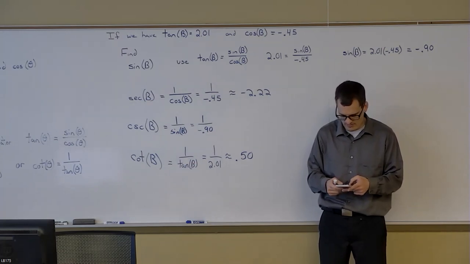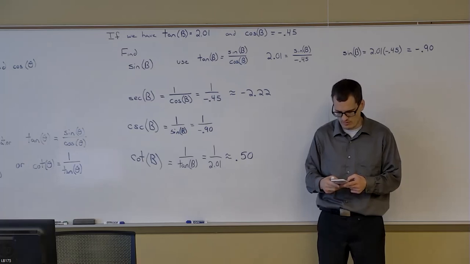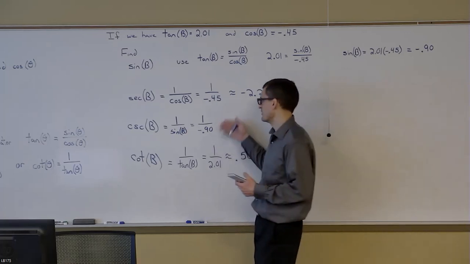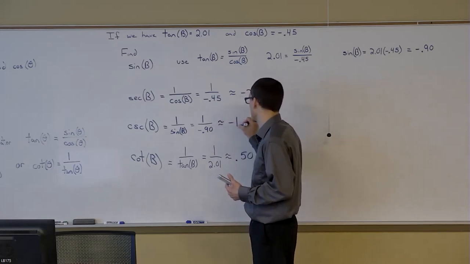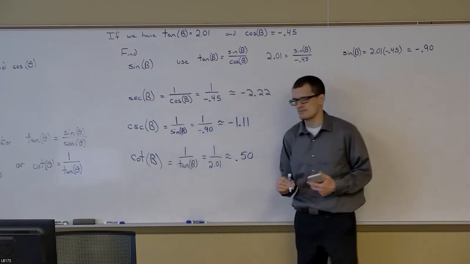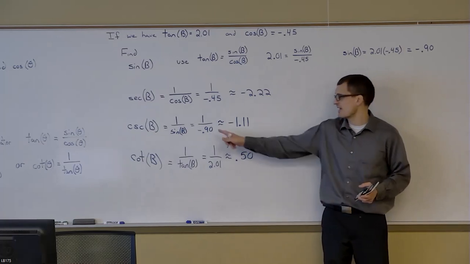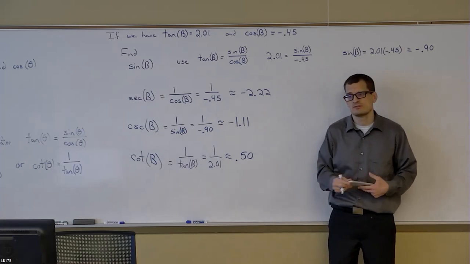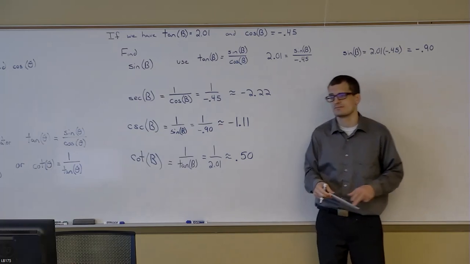If you do 1 divided by negative 0.9045, you get negative 1.11. So it's the same thing either way. Sometimes it might be off by just a little bit, but in this case, they both round to negative 1.11, whether you use the exact value or the rounded value. Does that work?